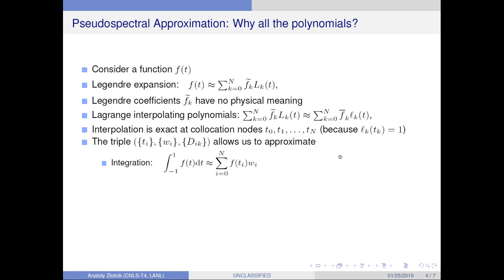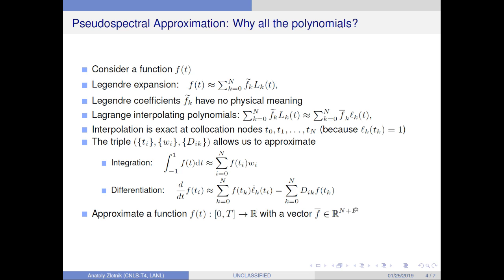So we can perform integration by quadrature using the quadrature weights, differentiation by applying the differentiation matrix to the function evaluated on collocation nodes, and we can approximate any function with a vector f of values at the collocation nodes that have direct physical meaning.